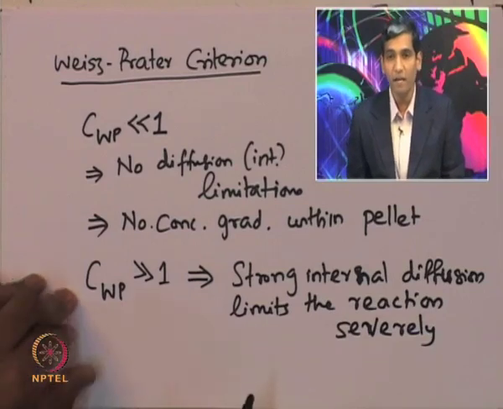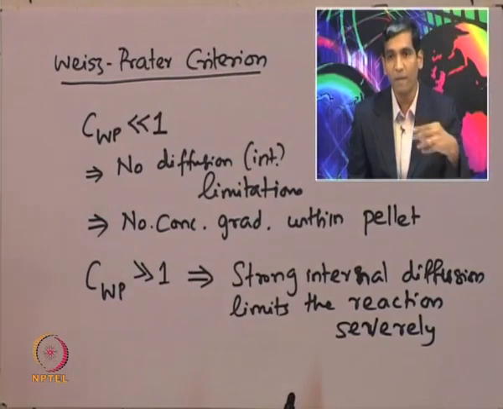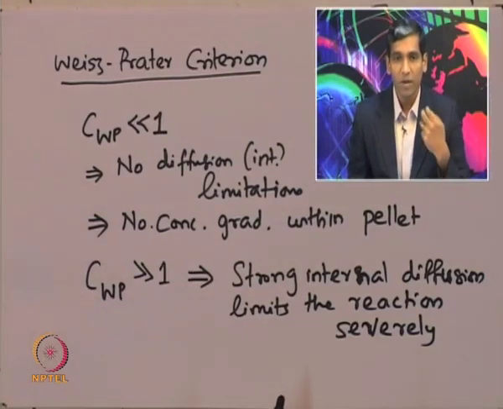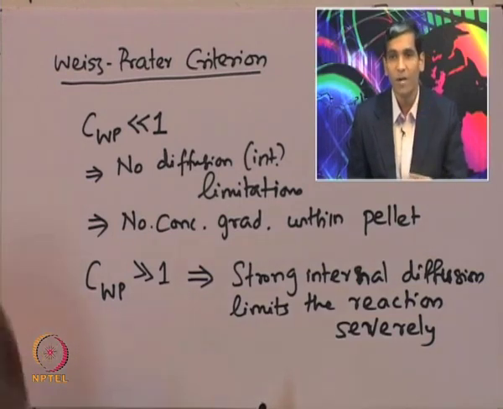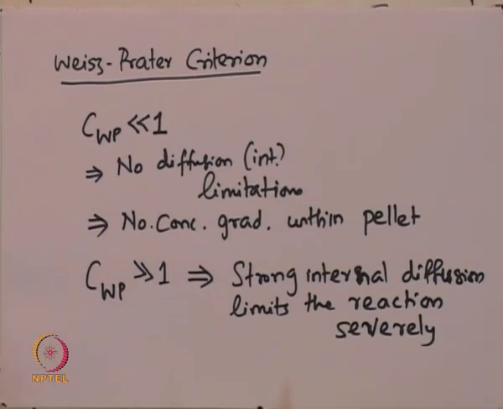So, simply by using the observed quantities, that is measurable quantities, and some of the known properties of the system, one can decipher using the Weisz-Prater criterion whether the internal diffusion is limiting the reaction or not. And that is an important aspect in practice.